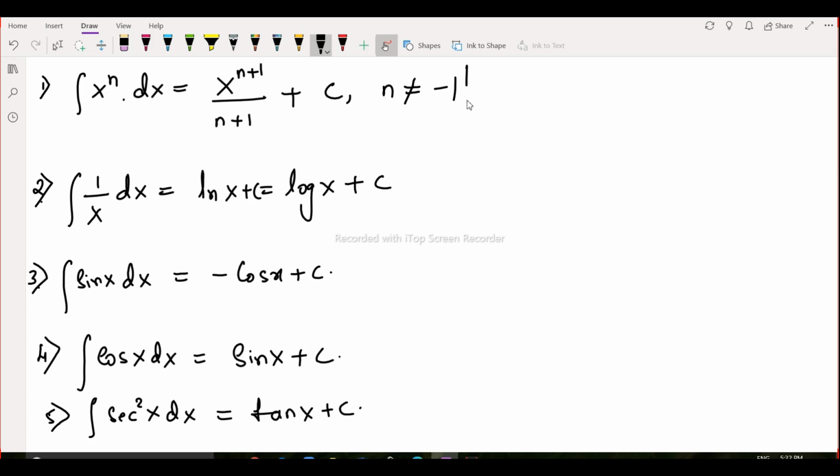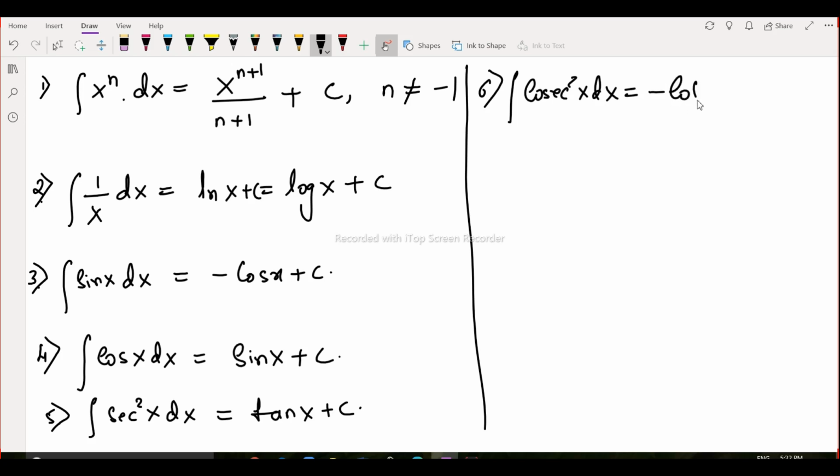Similarly, we can write the complete list. Integration of cosec square x dx is equal to minus cot x plus c. Then integration of sec x tan x dx is equal to sec x plus c.